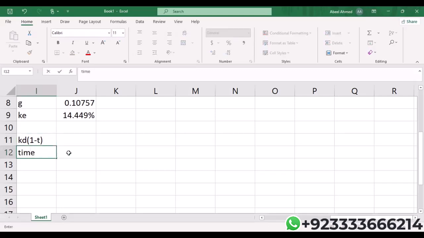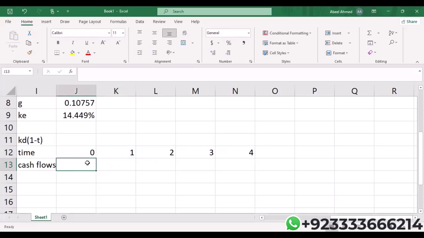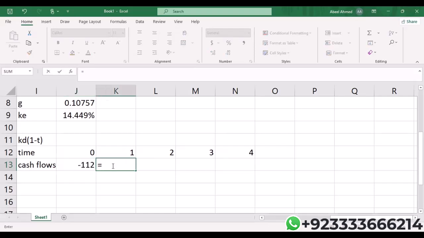The data I'm just assuming, okay? 0, 1, 2, 3, and 4. Let's take the cash flows. Let's say the market value is 112. Assuming a par value, we know that it is 100, and let's say the cash interest is 8%.